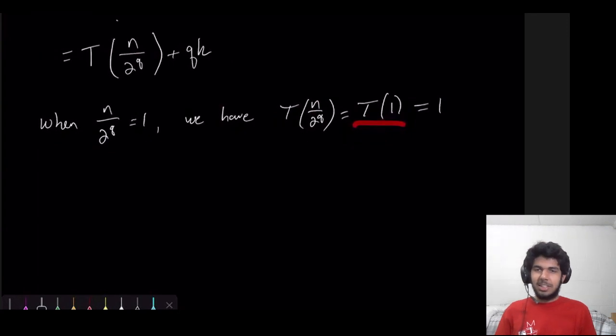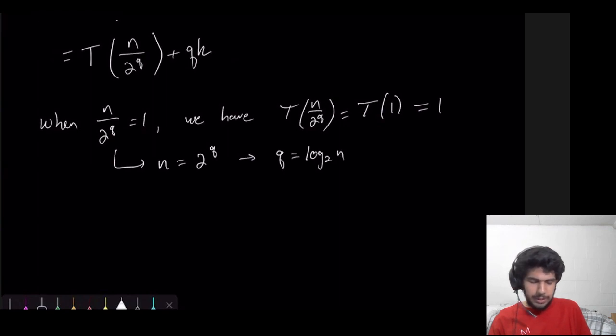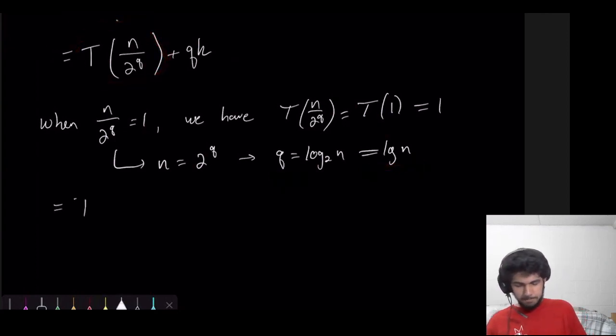So when does that occur? We have to solve for q here. That occurs when n equals 2 to the q, or alternatively, when q equals log base 2 of n, which I'll denote as lg of n. So now we have found our value for q, for which this t term goes away, so let's substitute it back in.